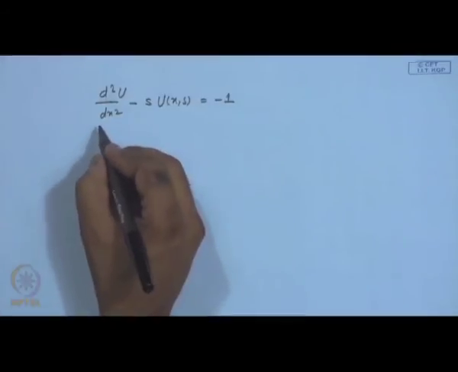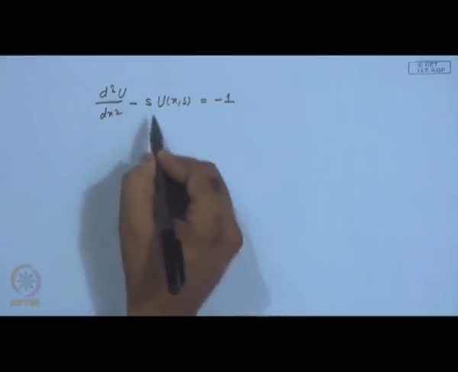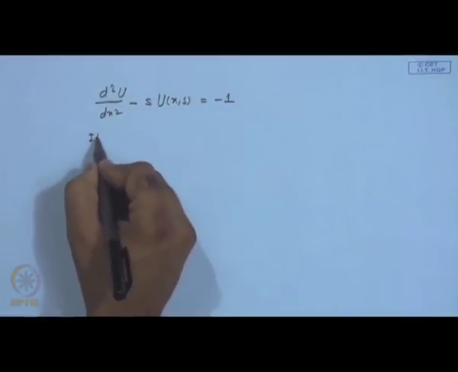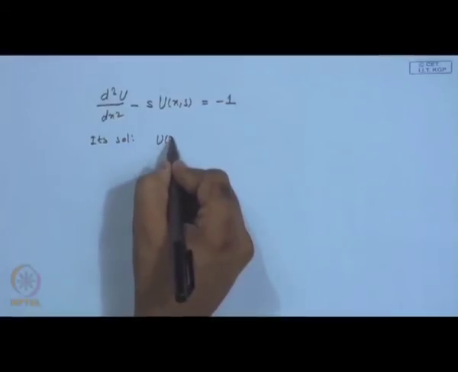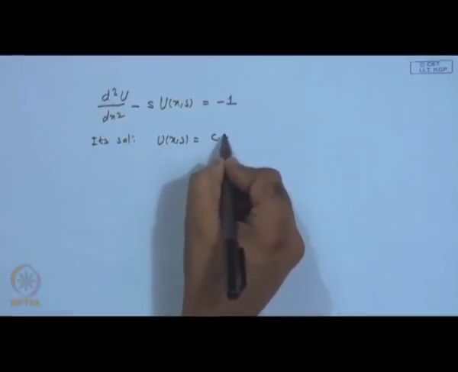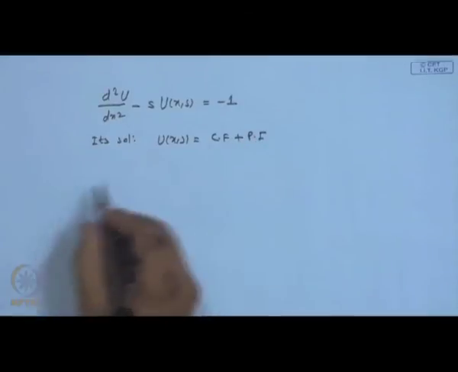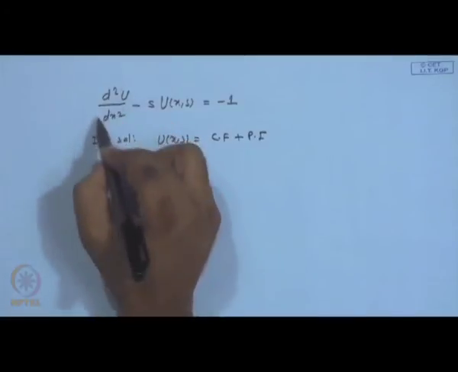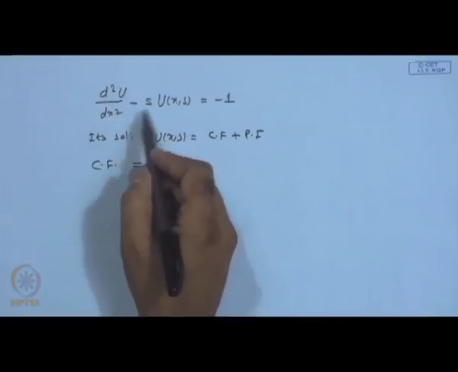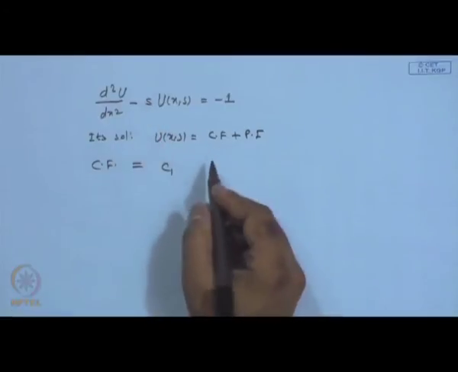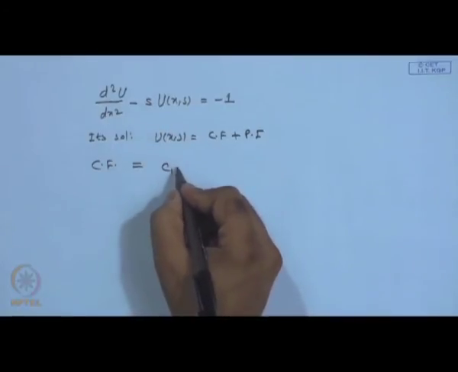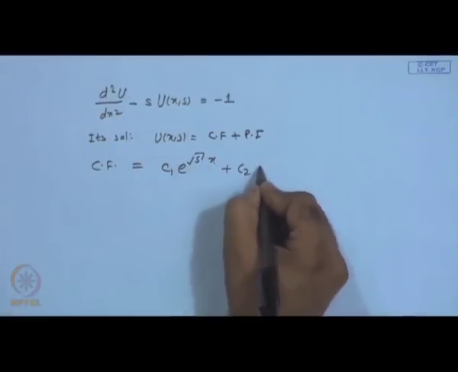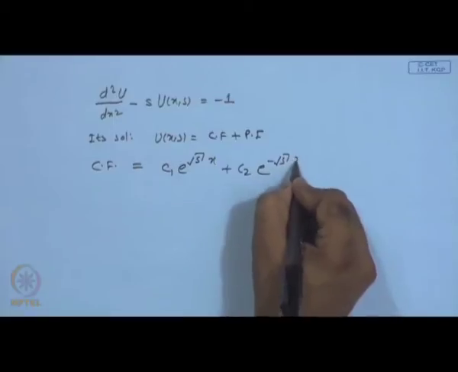This we can solve. This is a second order differential equation with constant coefficients. So, its solution will be u x s, the complementary function plus the particular integral. The characteristic equation will be m square minus s, so the roots will be plus or minus square root s. So, the complementary function is C1 e power square root s x plus C2 e power minus square root s x.